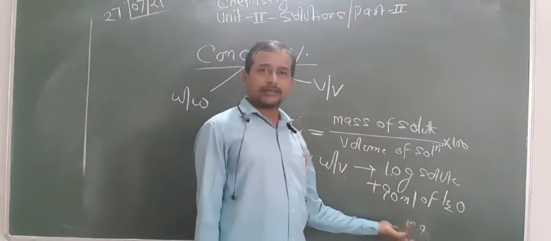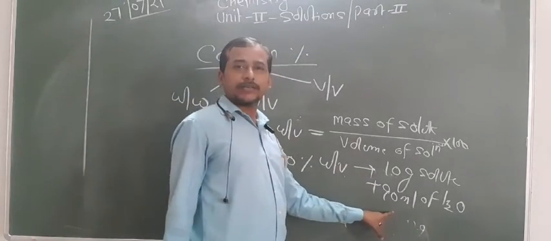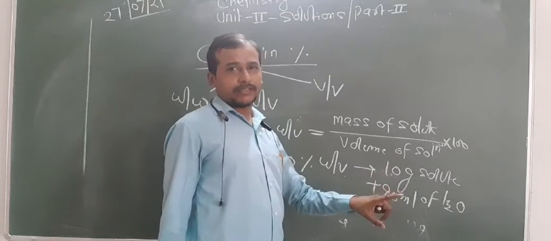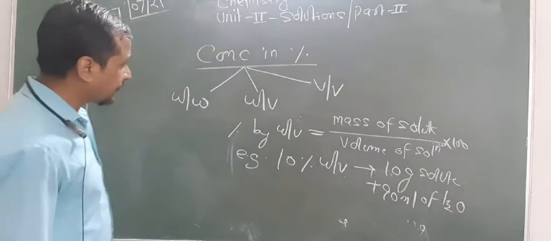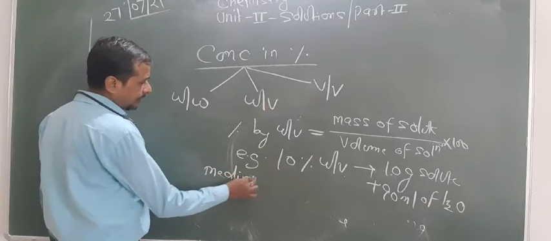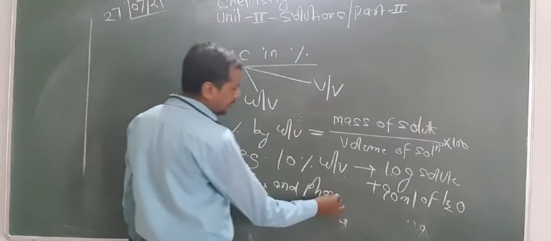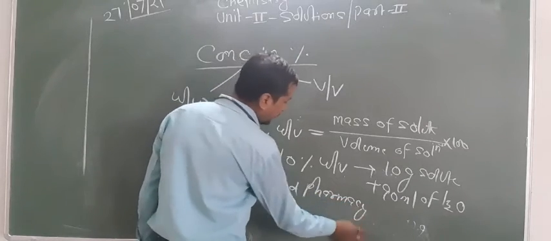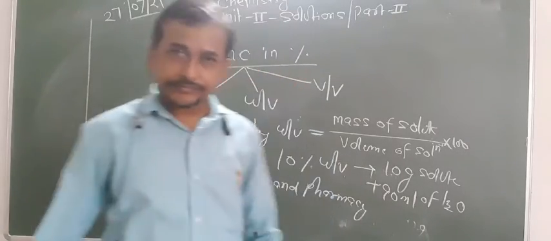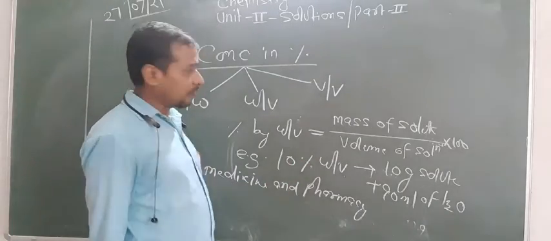So now the solution becomes 100 ml, because the solvent is liquid, and the solution has the same phase as the solvent. This method is basically used in medicine and pharmacy. You can see the medicine tablet wrapper, where the weight by volume percentage is written.